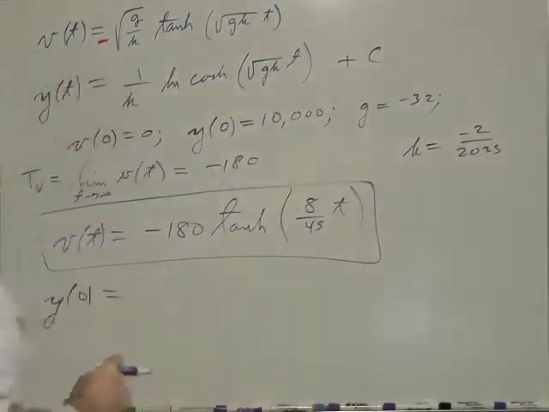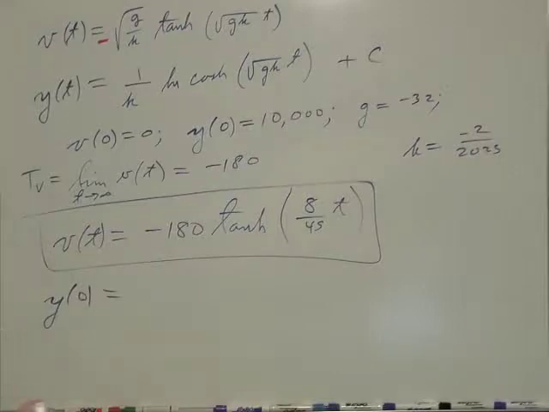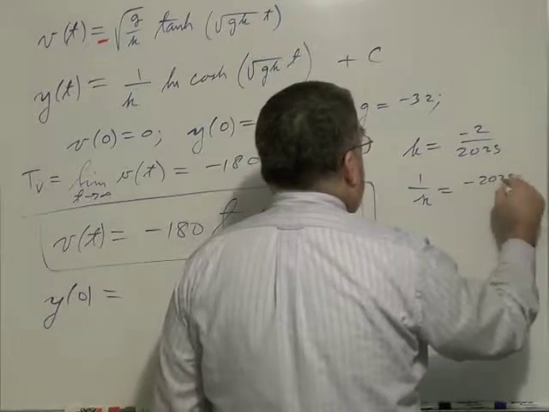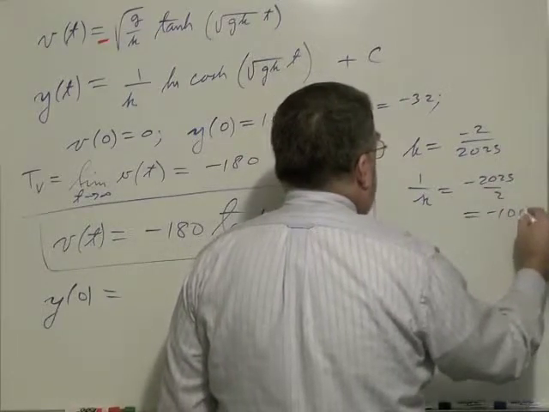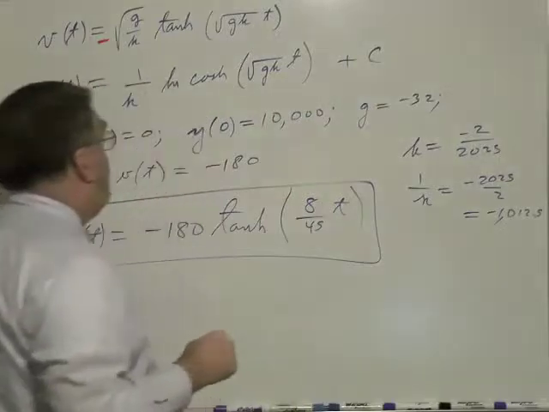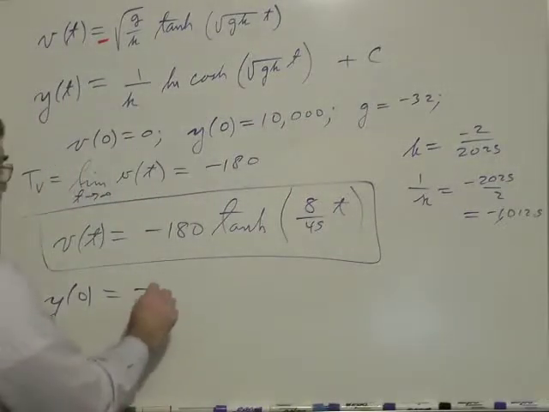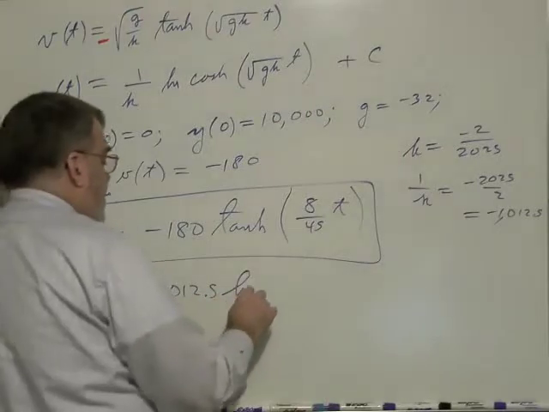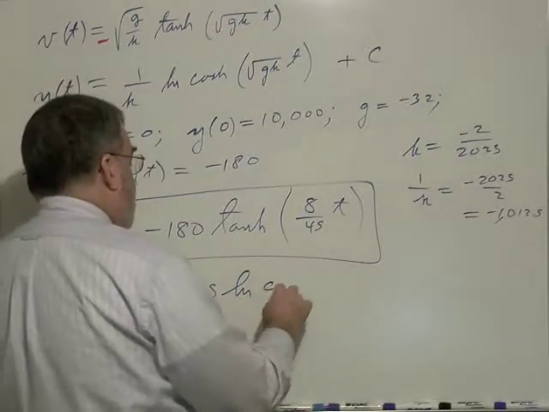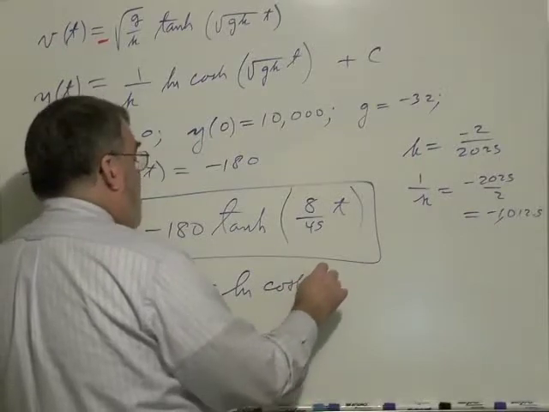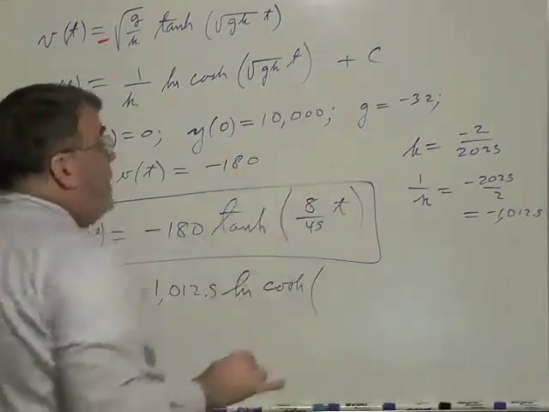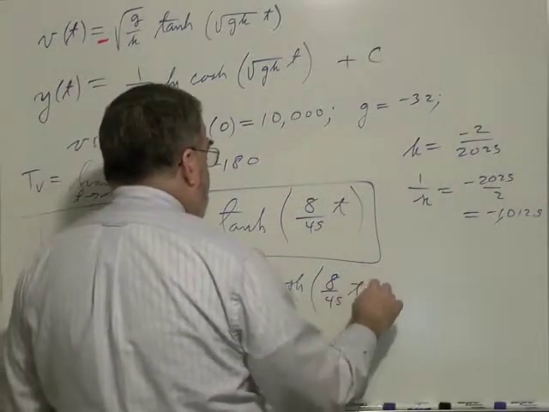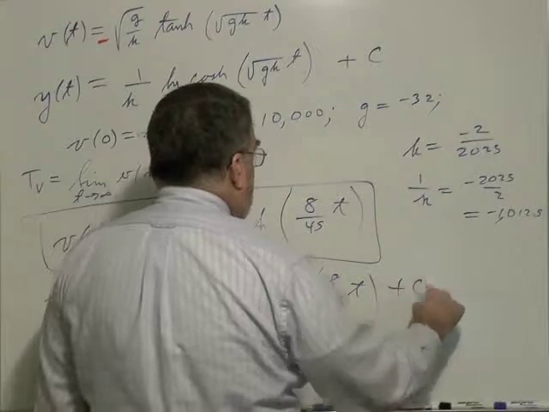And so 1 over k is going to be minus 2025 divided by 2, or minus 1012.5. So when I plug that in, I've got minus 1012.5 times the natural log of the cosh of square root of gk, recall, was 8/45 t, plus a constant.